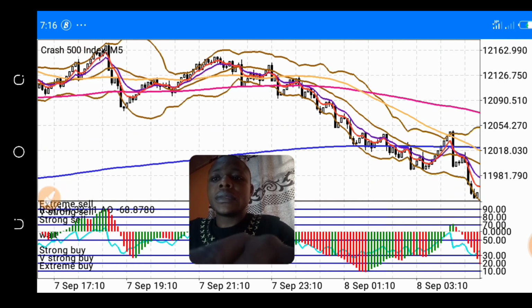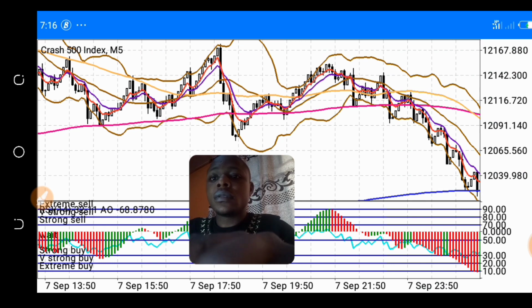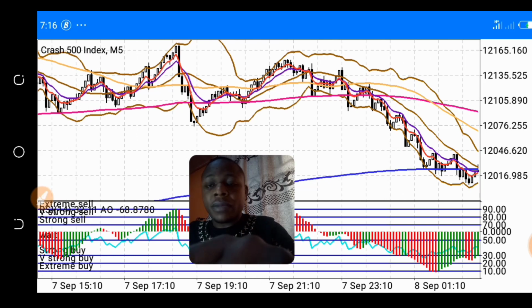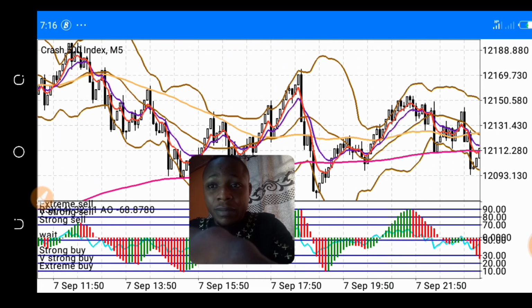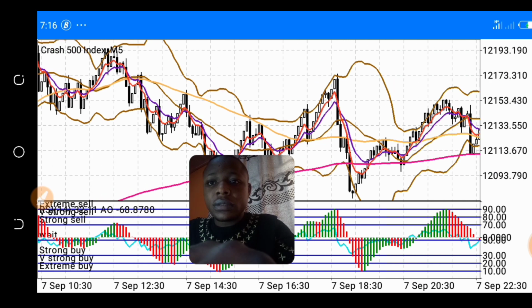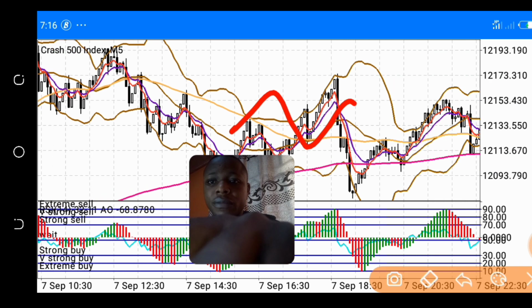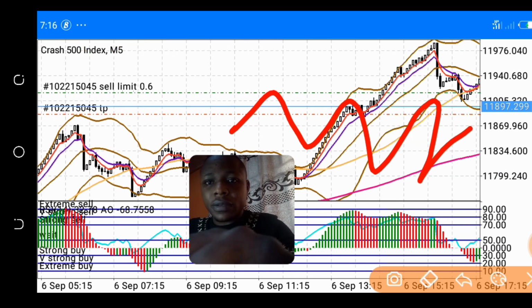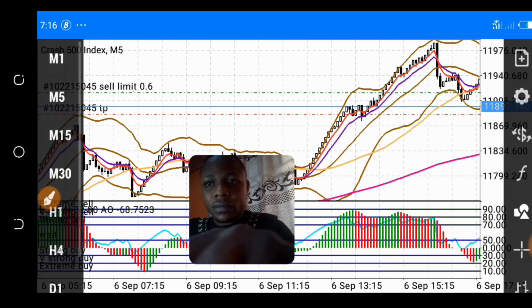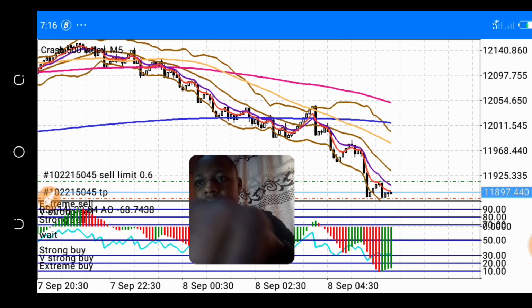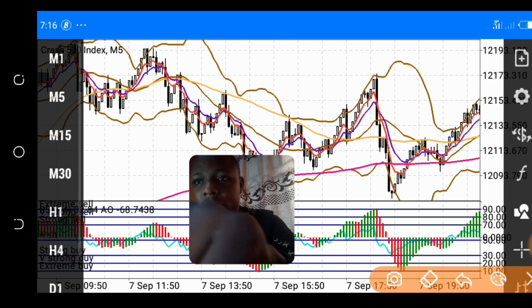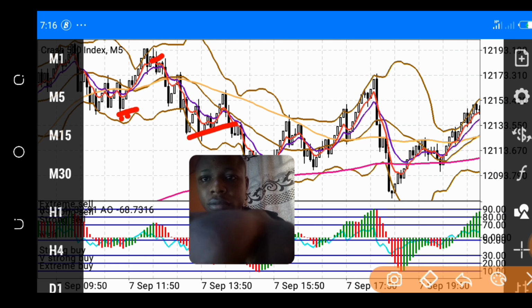Then the SMA 50. Whenever the market crosses SMA 50, remember SMA 50 is the yellow line. So this market has been swinging within and outside SMA 50, up and down SMA 50.